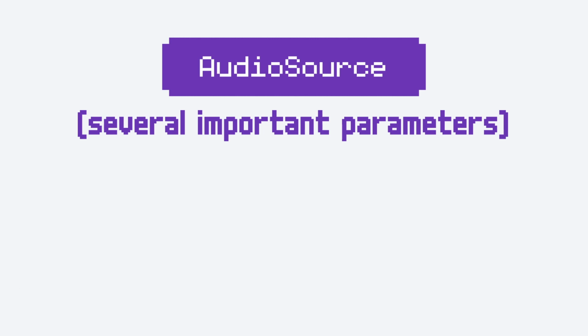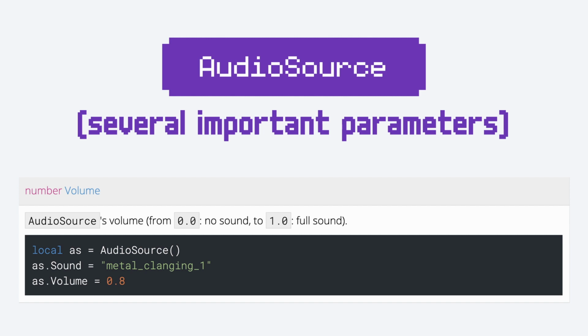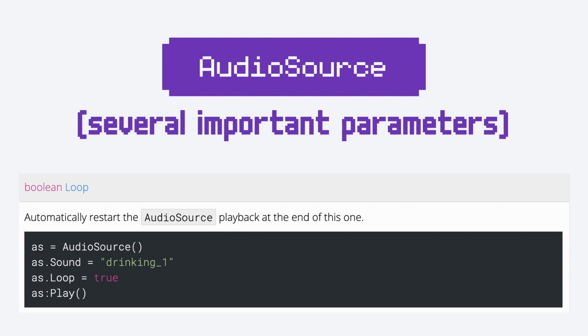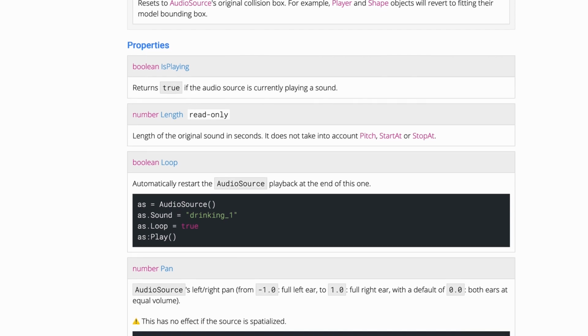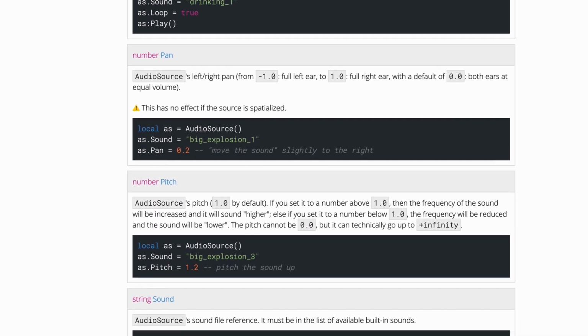Other common properties include the volume of the source, that determines how loud the source is relative to the others, and that goes from 0, which is complete silence, to 1, which is the maximum volume. There's also a boolean that tells Cubzh whether your source should loop the sound, and auto-restarts when it finishes playing it, which is aptly named loop. And as you can see in the docs page, there are even more that we'll explore as we play around with the API in-game.